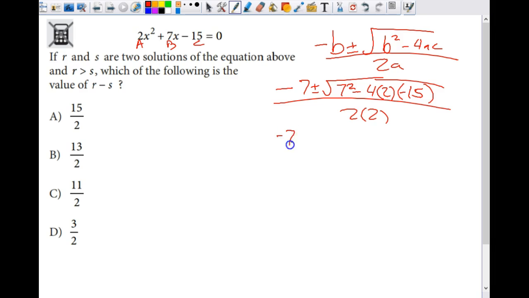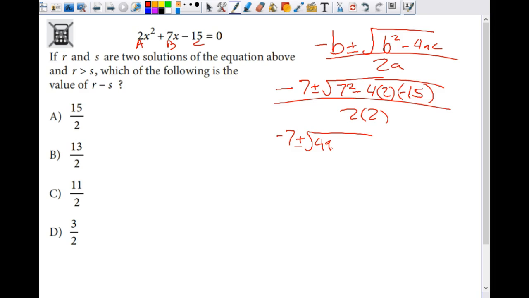We have negative 7 plus or minus the square root of 49. What's 2 times negative 15? Negative 30. And what's negative 30 times 4? Don't take a calculator out. You don't need it. Negative 120.